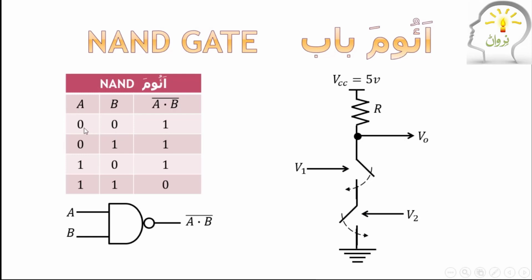See the same situation here: both switches open, output is high. One of them is open, output is high. A is open, B is closed. Here A is closed, but B is open. Output in these three conditions is high. Output becomes low only when both switches are closed.